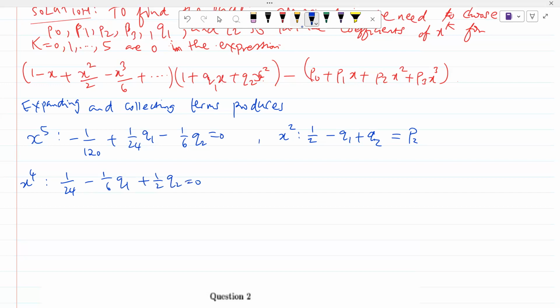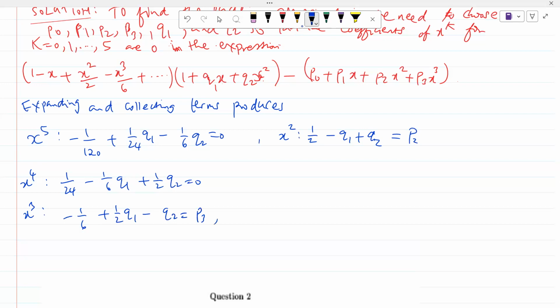equals naught. And then there's also x cubed. We compare the x cubed terms, just collecting the terms. The coefficient of the x cubed will be like this. It's a bit laborious to go through the rest of this expansion, but now we can just summarize like this and say it is p3 here.